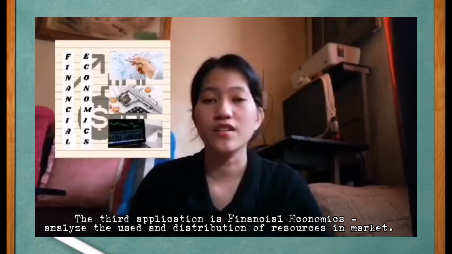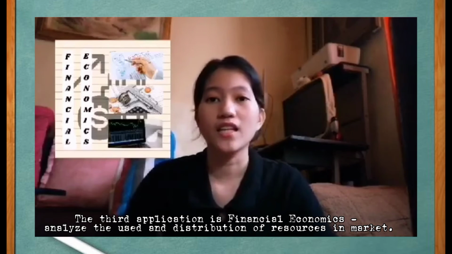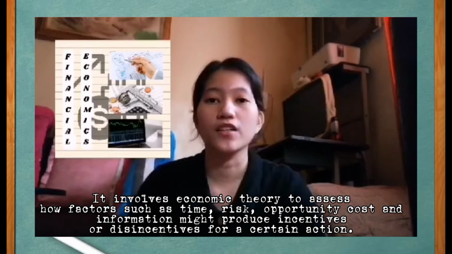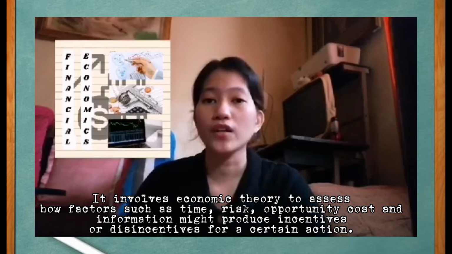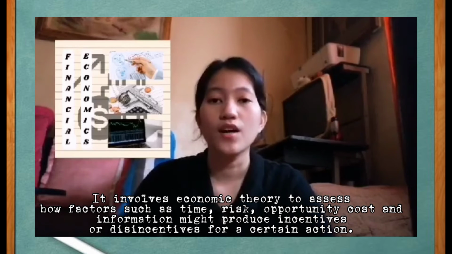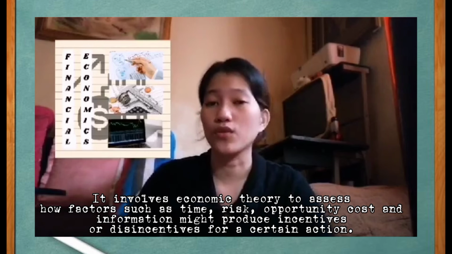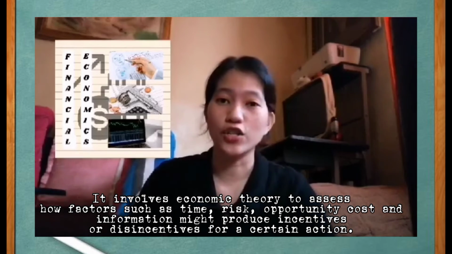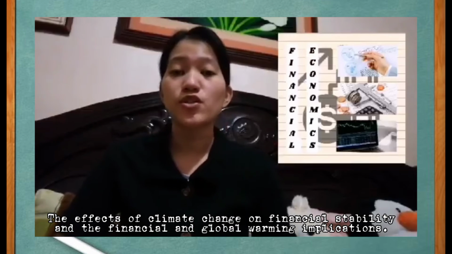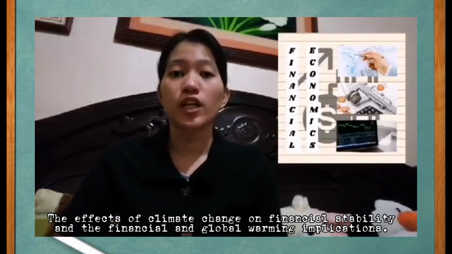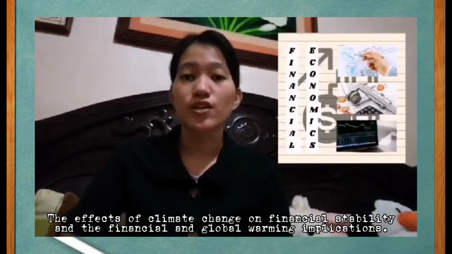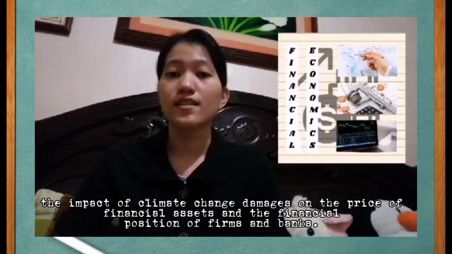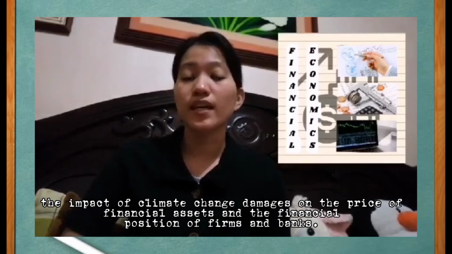The third application is financial economics. It analyzes the use and distribution of resources in markets. It involves economic theory to assess how factors such as time, risk, opportunity cost, and information might produce incentives or disincentives for a certain action. The effects of climate change on financial stability and the financial implications of global warming include the impact of climate change damages on the price of financial assets and the financial position of firms and banks.